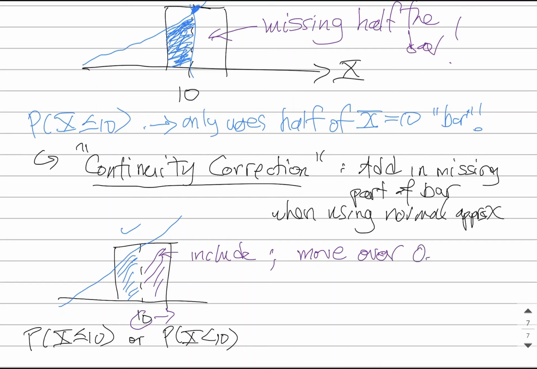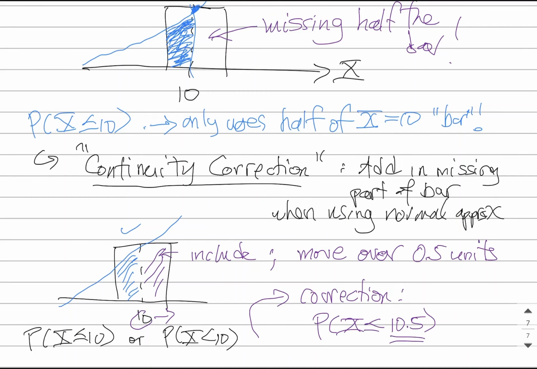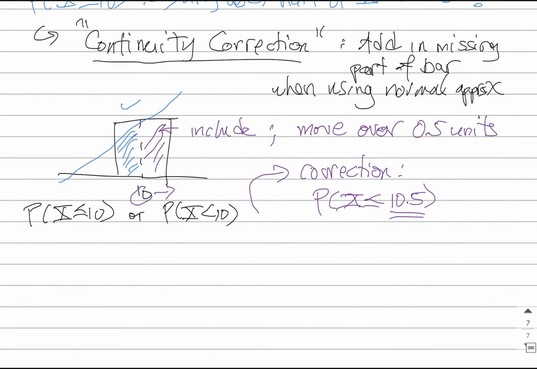We're going to move over 0.5 units. So the correction says that if you want to get a better or more accurate answer, slide the curve over so that you include the rest of the bar. And in this particular case, that means slide the bar over so that you include that whole thing. And that means take your calculation centered at 10.5.